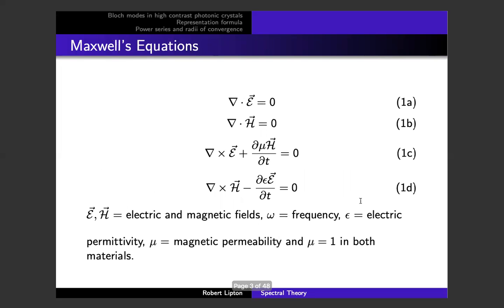And so we'll consider Maxwell's equations for the electromagnetic field, which is composed of the electric field and the magnetic field. The electric field is calligraphy vector E there. The magnetic field is H, or actually B, and then H is the H field.